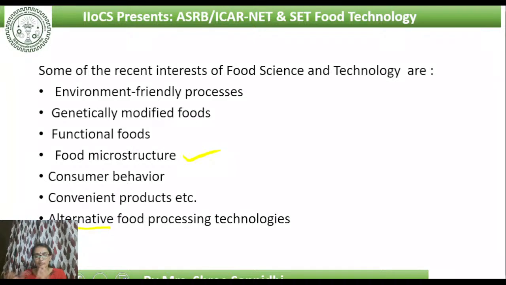In thermal processing methods, most of the nutrients are not retained. That's why cold processing methods are being preferred now. But most of the cold processing methods are not so cost effective. So now researchers are working to come up with new cost effective cold processing methods.